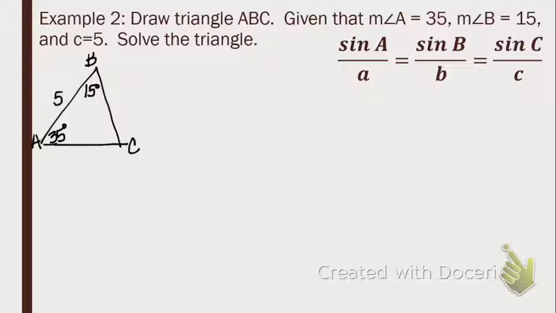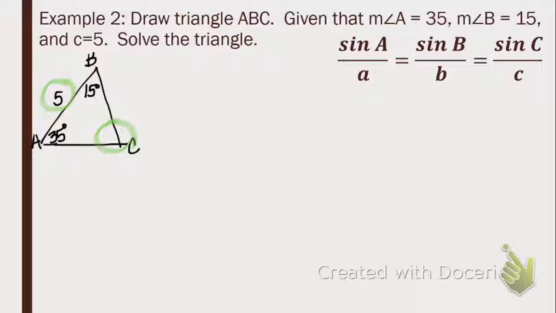So they didn't give us a pair, but you can easily find angle C, because in order to do the law of sines, you have to know an angle and a side pair. So you have to know either angle A in little a, angle B in little b, or angle C in little c. So in order to do this, the first thing you need to find is angle C, which you can find easily using triangle sum.